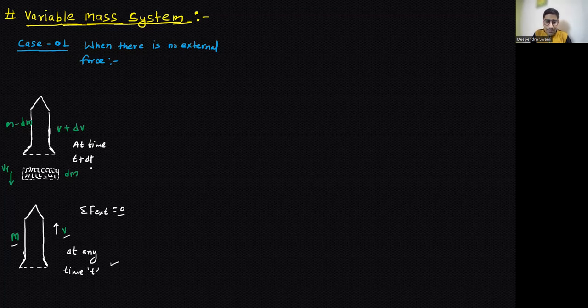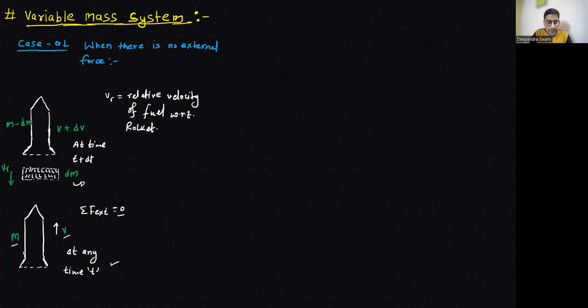So I am assuming that in dt time it has given out some dm mass, with a relative velocity vr. vr is the relative velocity of the fuel that is ejected with respect to the rocket, right?